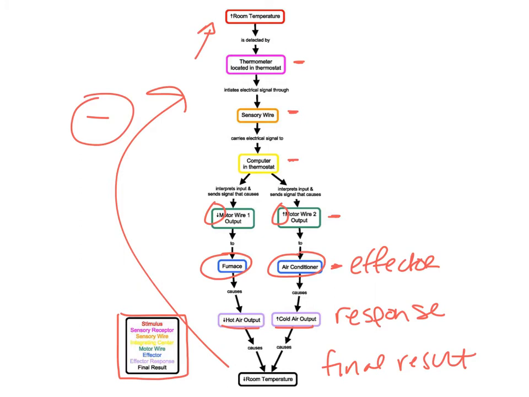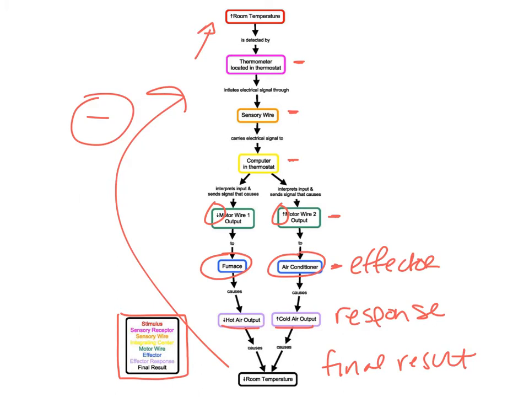Okay? So what you're going to do in your assignment is going to be to map out acute control of blood pressure in this same way. So you're going to have to identify, well, I'm going to give you the stimulus.